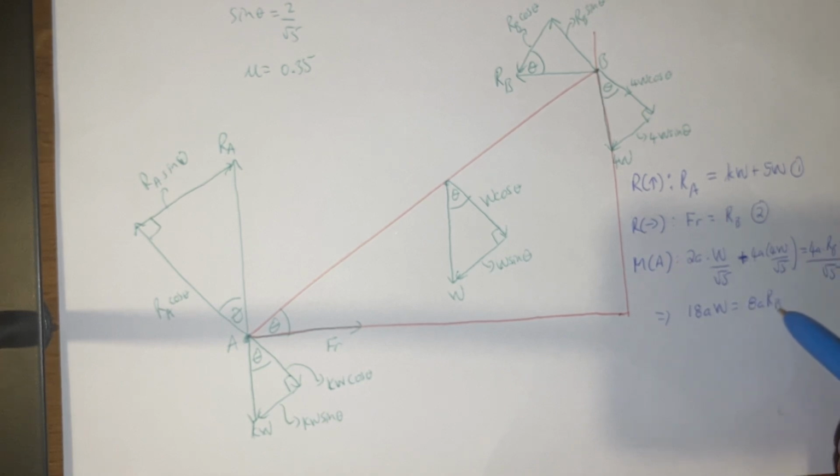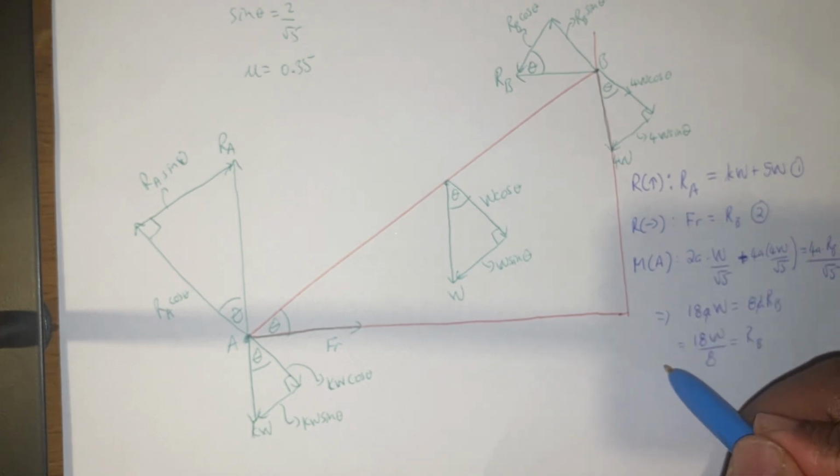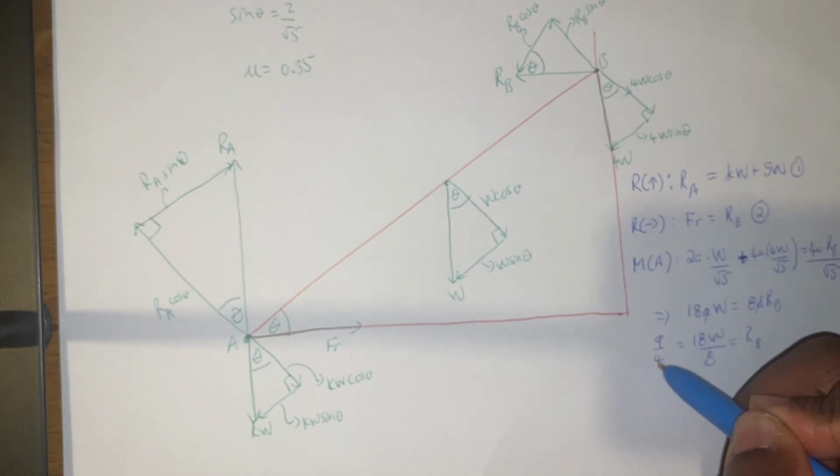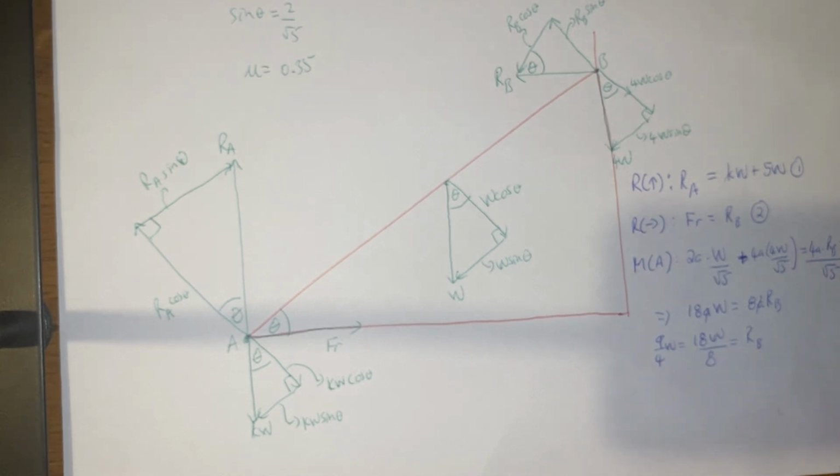So when we rearrange, the a's will cancel out. So we get 18W over 8 is equal to RB, and then that can be simplified to 9 over 4W. So that's the simplified version for equation 3.